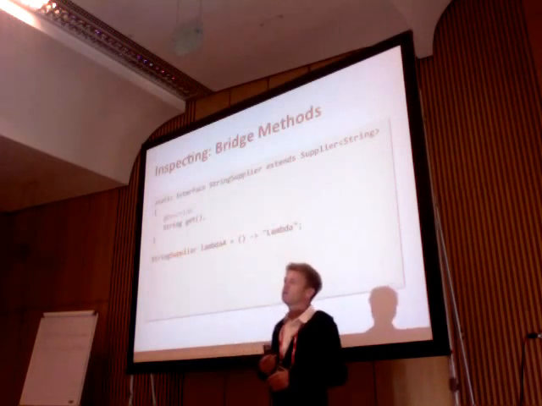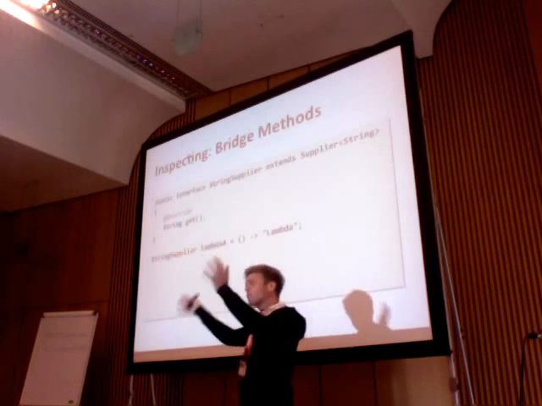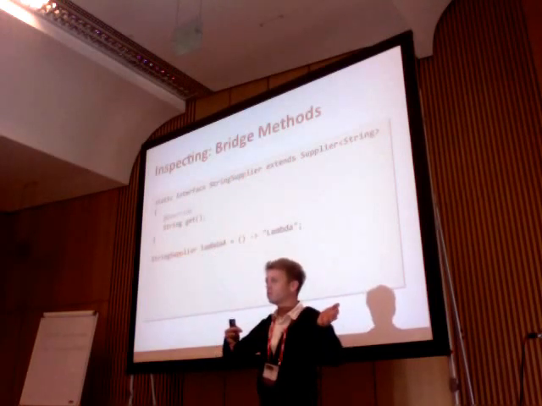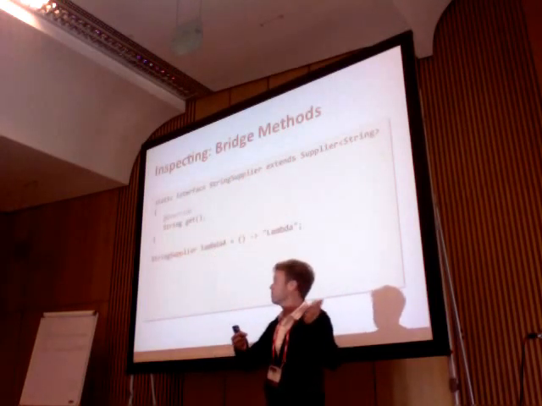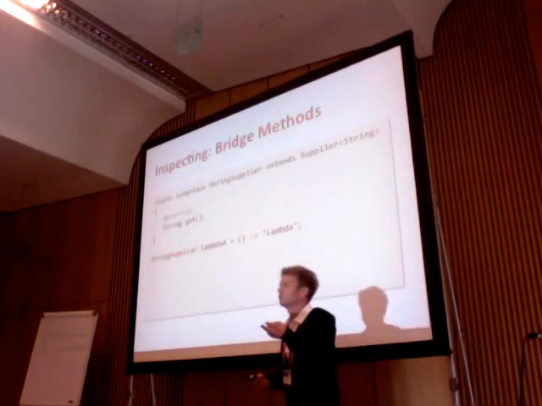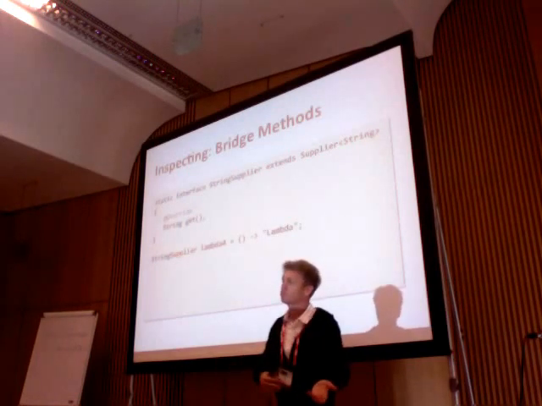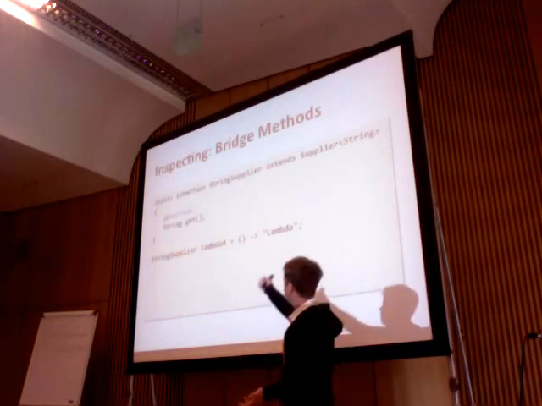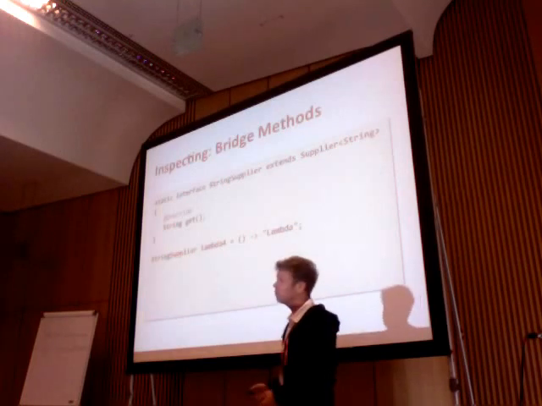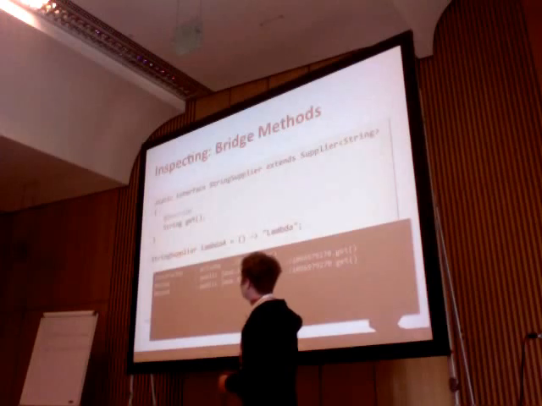The JVM always uses a fully qualified signature, which is the arguments plus the type of the return value. So what internally actually happens is that we have two methods here. Like the get method, which returns the object, and the get method, which returns the string. And if we create this lambda as a string supplier, so the type is inferred from this local variable, we get the following.